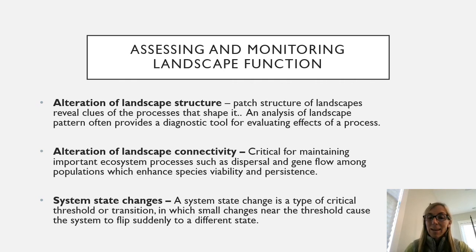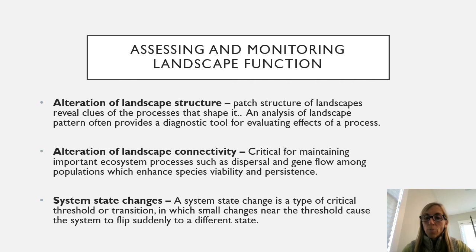Alteration of landscape connectivity, we know, can be critically important for maintaining processes such as dispersal and gene flow among populations that are going to enhance species viability and persistence over time.